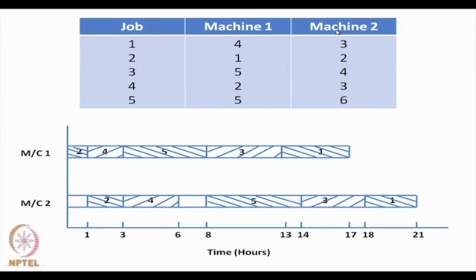So, since it appears for machine 2, job 1 should be assigned last to machine 2. That is how job 1 is assigned last to machine 2.